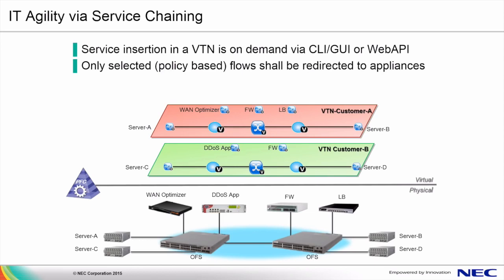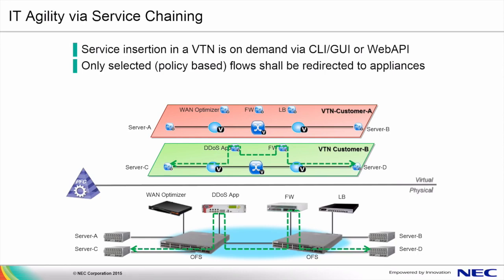To show this, suppose customer A wants to introduce WAN optimization, firewall, and load balancing services in the path of traffic between server A and server B. So using programmable flow, we can deploy flow filters to introduce these network functions into the path for traffic. Now similarly, suppose somewhere down the road, customer B wants to introduce DDoS and firewall. Again, using flow filters, we can build the required service chain to stitch only the desired flows into the path of traffic.